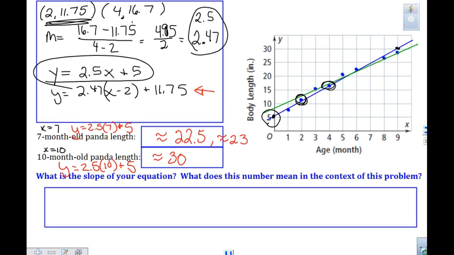So the question is, what is the slope in our equation? The slope in our equation was 2.5. And it says, what does it mean? It means that the panda is gaining 2.5 pounds per month.